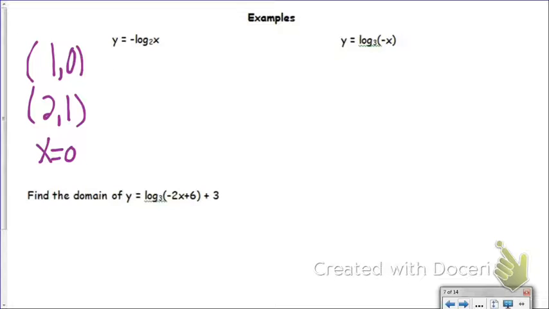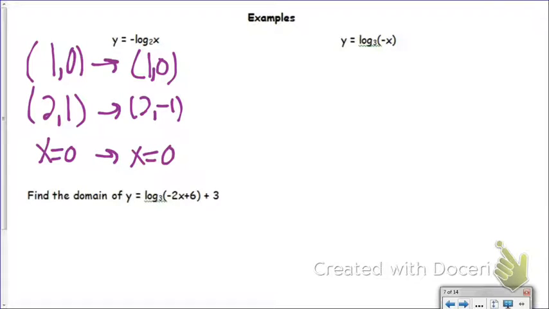And then the reflection here is going to be a vertical reflection, so it's going to be a negative y-coordinate. So this should be (1, 0) still, but now (2, -1), and still x equals 0. So this graph should look similar to here. And I still have that vertical asymptote.